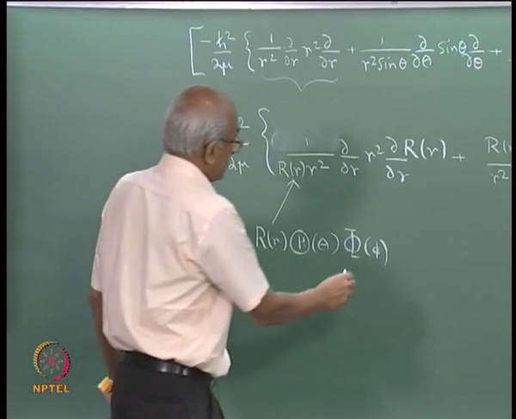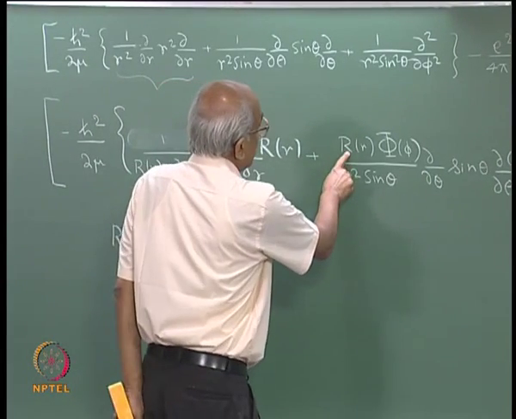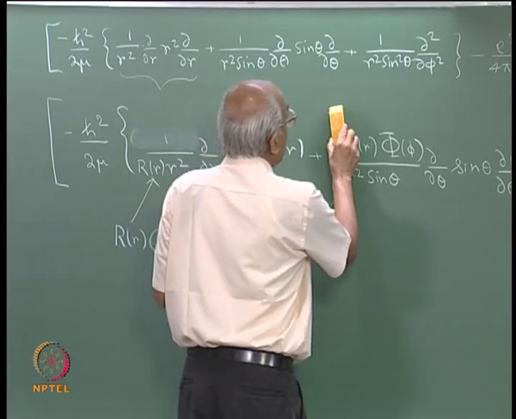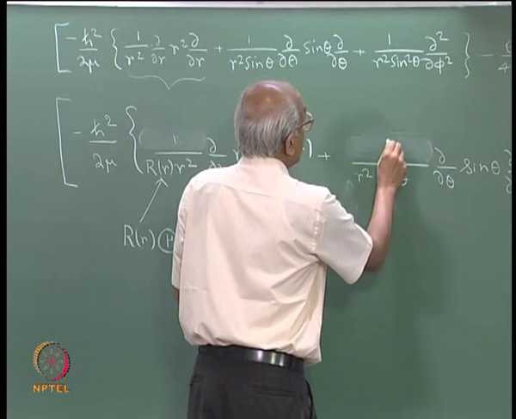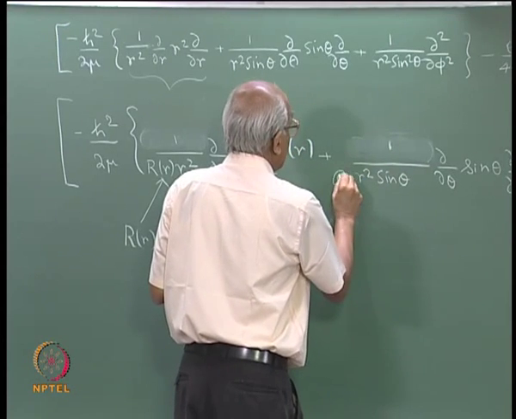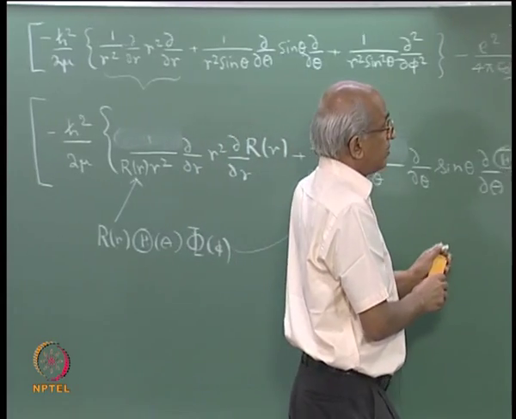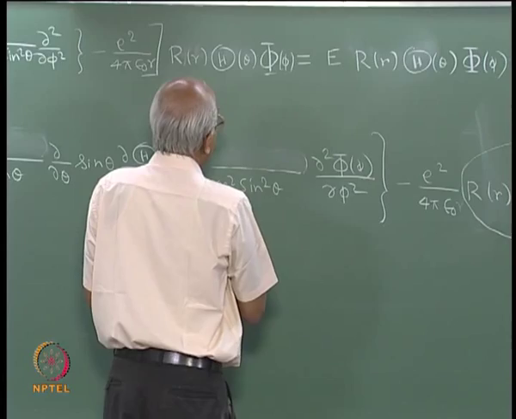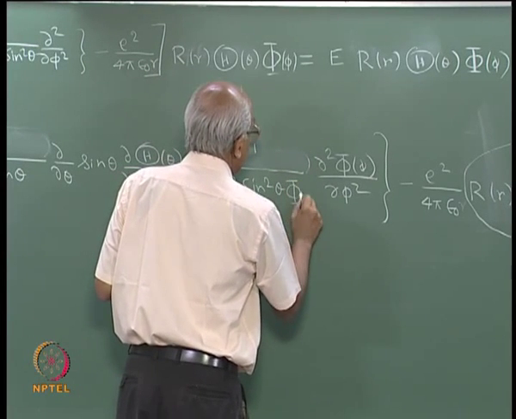The same kind of thing is going to happen here. You have capital R and capital phi in the numerator, they are going to get cancelled and you will be left with 1 by capital theta of theta. And what about this one? Well, capital R and capital theta will go, you will have 1 by capital phi of phi.